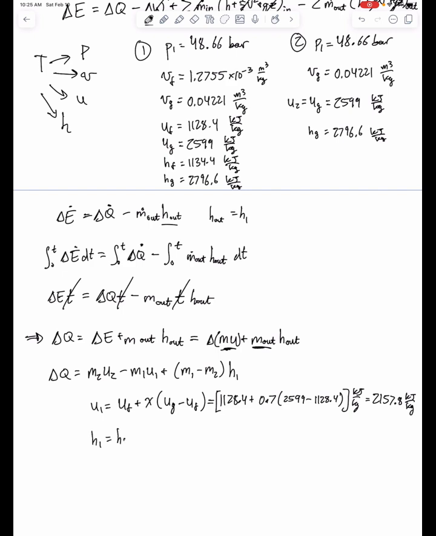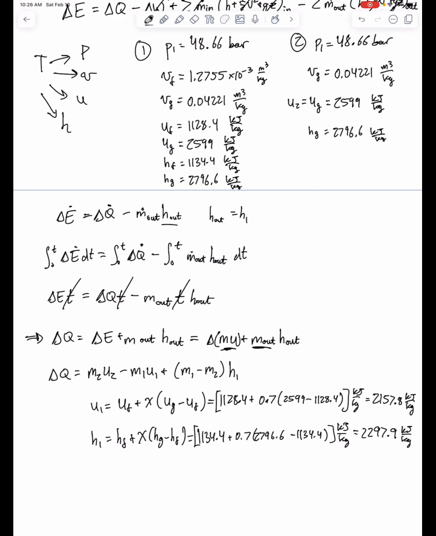What do I get? 2,297.9 kilojoules per kilogram.